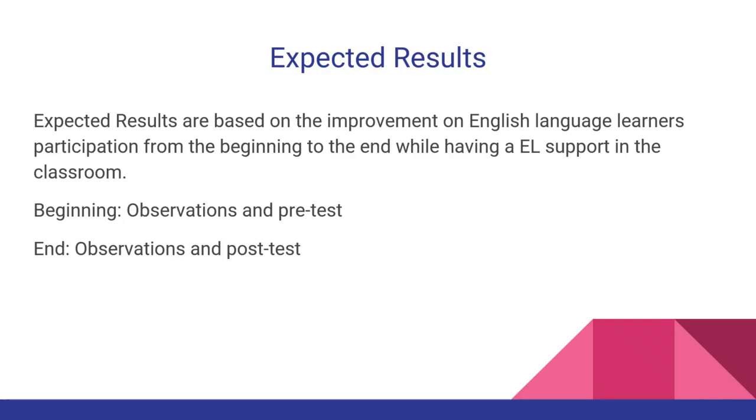Are they receiving their EL support? Are they participating in discussion? And are students actively working on assignments and assessments? That data will be collected each day that is being observed with the students.